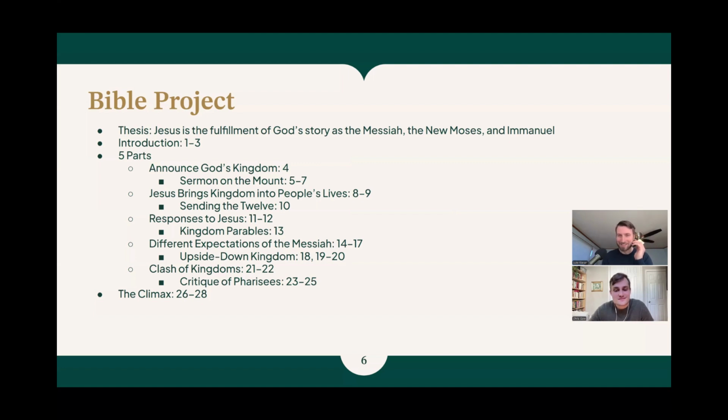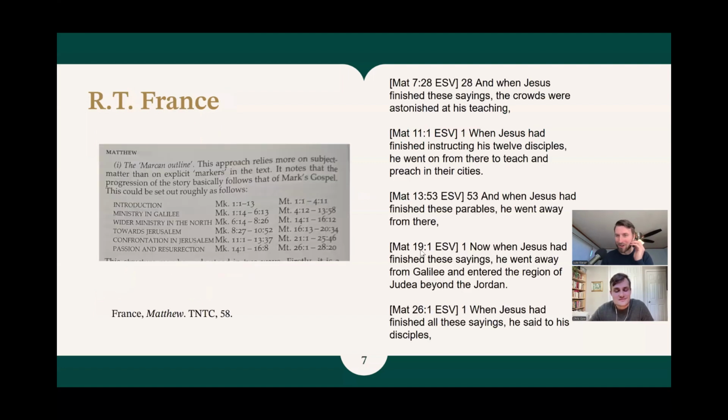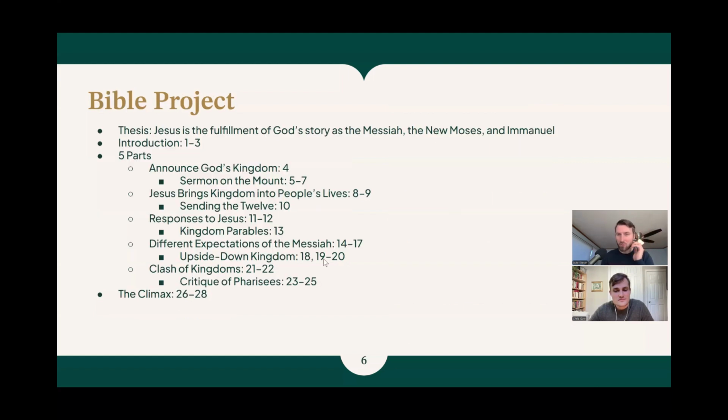And it's because 19:1 says, now when Jesus had finished these sayings. So 19 and 20 is teachings of Jesus. And so I think, like, content wise, it's still kind of a discourse. And that's why Mackie kept it here in the discourse. And it is about kingdom teachings.